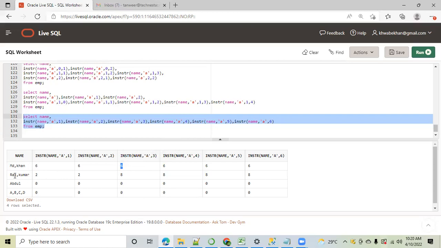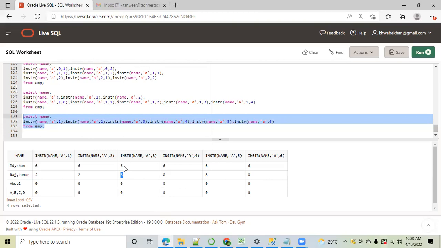But in Raj Kumar, it is showing you the second occurrence of a. That's the meaning, that's why this is coming 8 here. Is this clear, guys? Are you analyzing the data? Are you trying to understand? This is showing you the second occurrence of a in Raj Kumar, but in MD Khan, this is showing you the first occurrence of a.